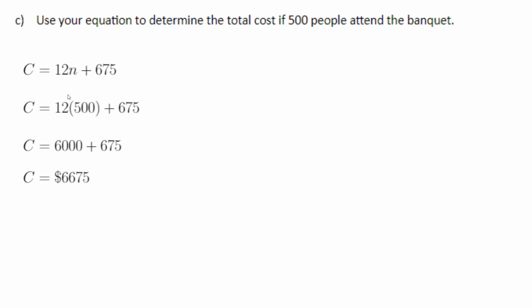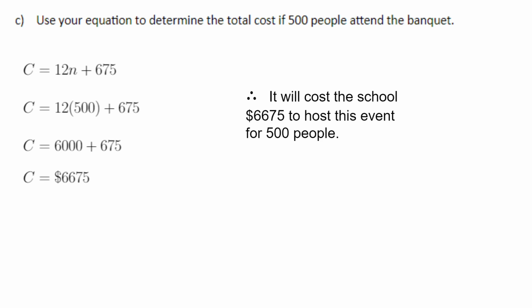So we have 12N plus 675, and that is 12 times 500, which is the 500 people here, plus 675, which is our fixed cost, which is 6,000 plus 675, which is a total cost of $6,675 in order to host this event for 500 people.